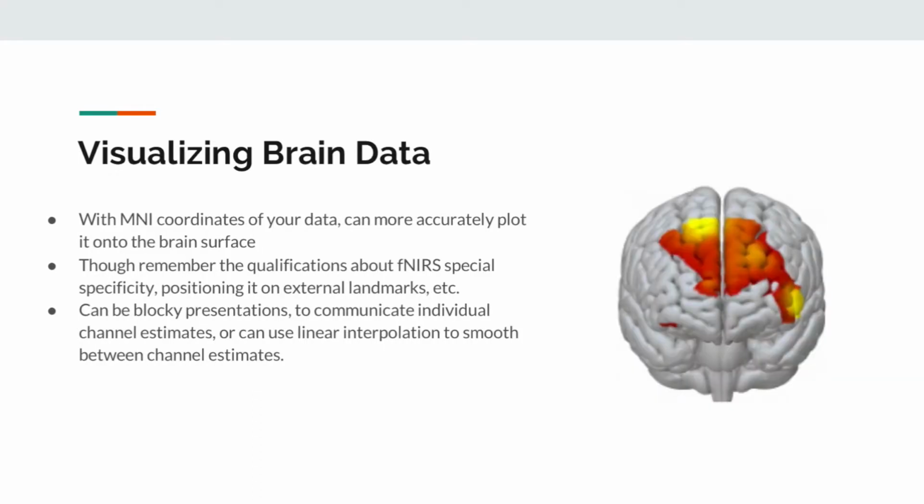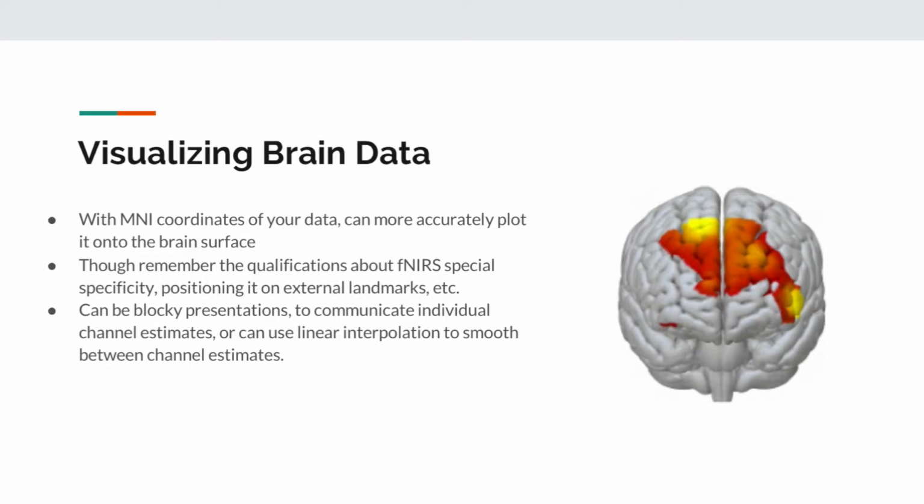Though if you do have the MNI coordinates of your data, say you did a 3D digitizer, or you have a good 10-20 to MNI conversion atlas, or you did a full structural MRI image where you could register external locations to someone's particular internal locations, then you can more accurately plot this data onto the brain surface.